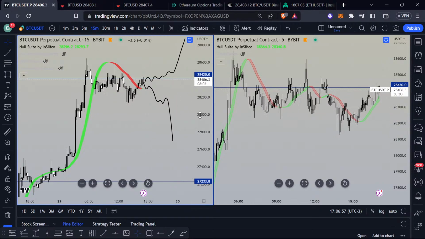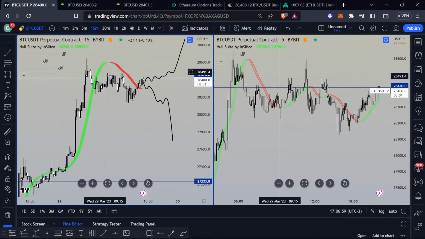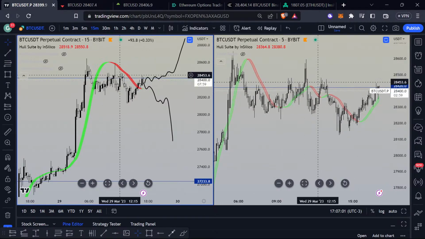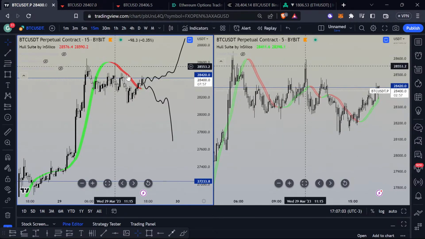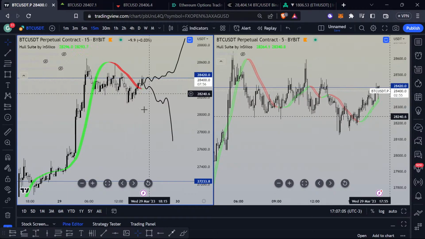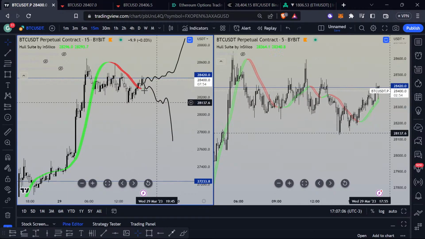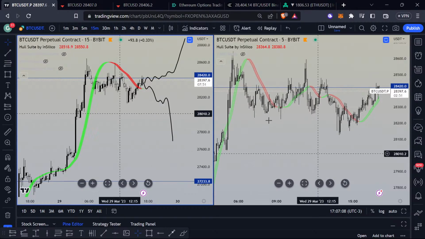So for instance, right here, an initial idea would be to short this downtrend that has been created on the 15-minute time frame.